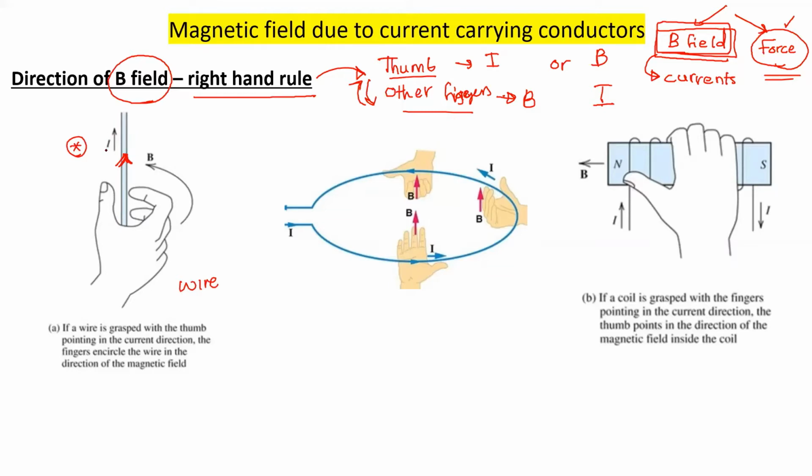To find the B field created by that, the easy way is keeping your thumb along the current. That's easier to do, right? Because current is going along a straight path, and my thumb is also something straight. So you keep your thumb along the current and the fingers curl in the direction of your B field.